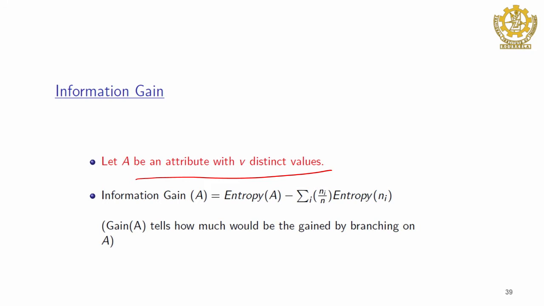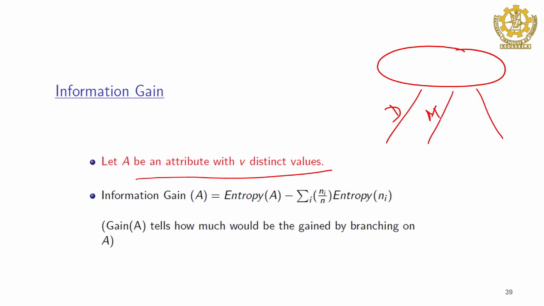If we want to partition the node, we should have 3 different values. In marital status, one value was divorced, another was married, another was single. So what will be the combined entropy, or the information gain?